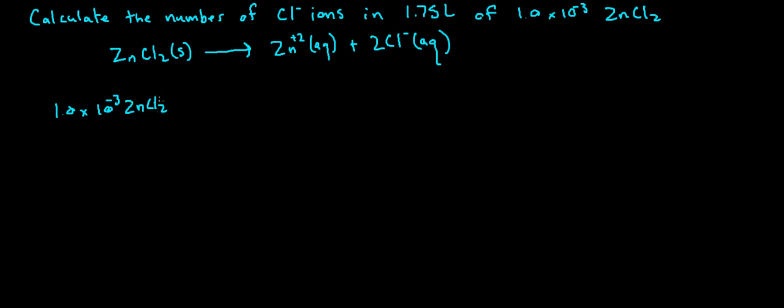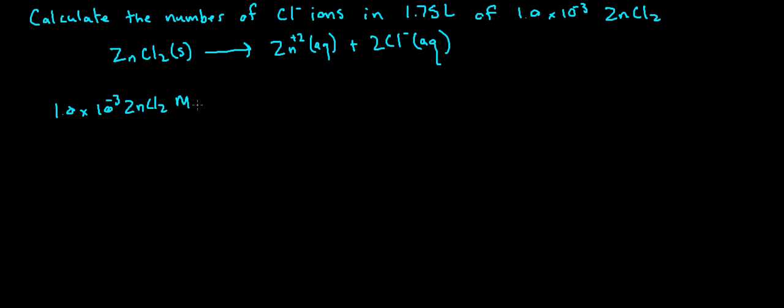So I have a concentration, oh I forgot to put the M. I have a 1.0 times 10 to the minus 3 molar concentration of zinc chloride. When this dissociates, it becomes a concentration of zinc ions and a concentration of chlorine ions. The concentration of zinc chloride is going to be equal to the concentration of zinc. However, the concentration of chlorine is going to be twice the concentration of zinc chloride, just like a mole to mole ratio problem.